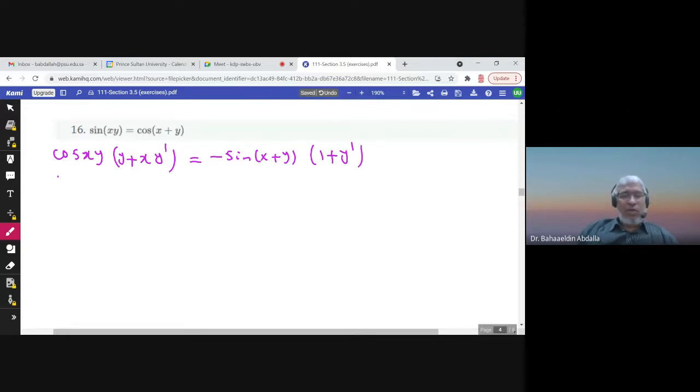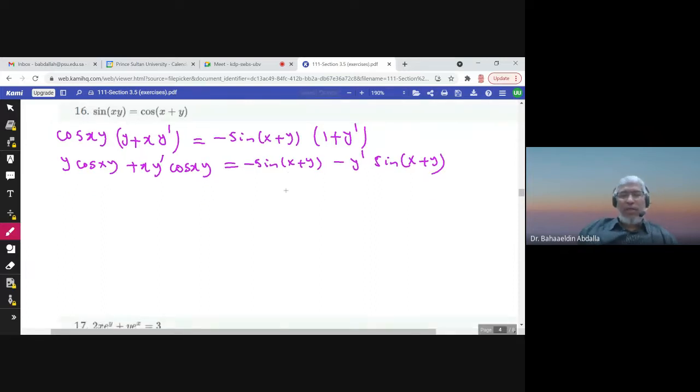Now I need to expand: y cosine xy plus xy prime cosine xy equals negative sine(x plus y) times (1 minus y prime) times sine(x plus y). Take y prime to the other side and take it as a common factor. So I have x cosine xy plus sine(x plus y).